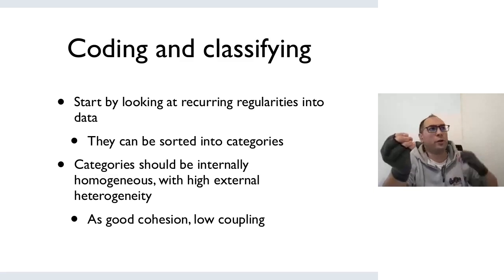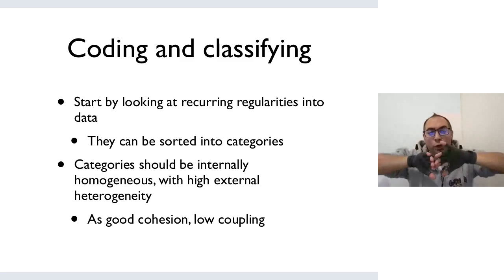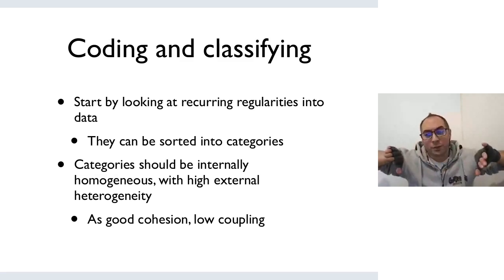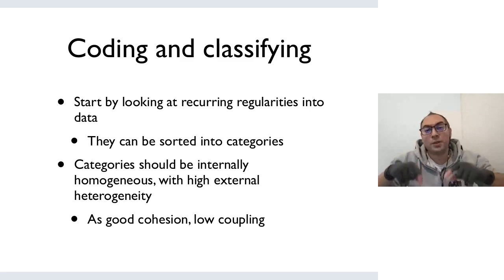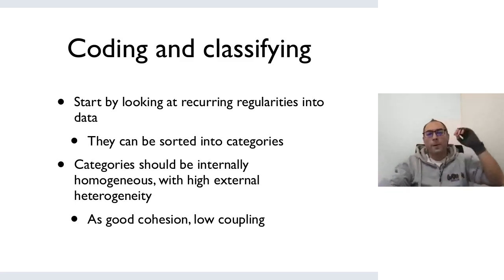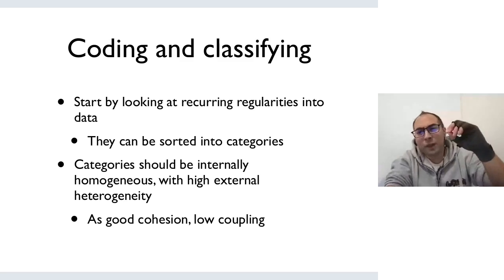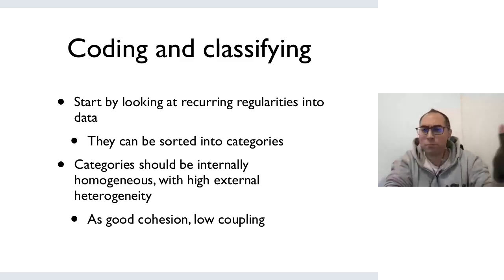Another category could be non-functional issues. Functional and non-functional are very much heterogeneous externally, but internally very much homogeneous, because each of the members of the functional category will have functional issues, and the same is true on the other side. This is pretty much the same as good cohesion, low coupling when you do object-oriented design. You're just applying the same principle.